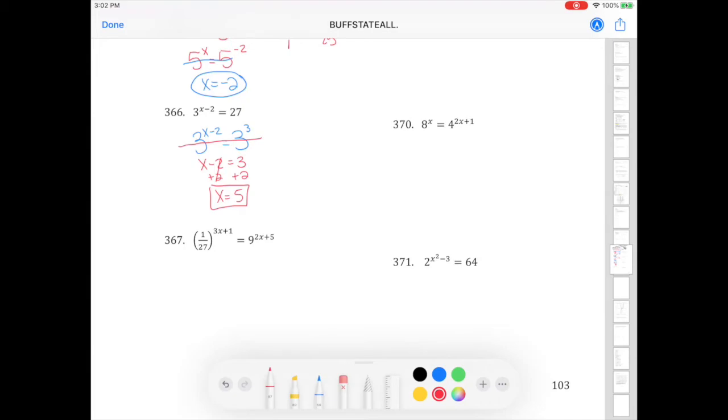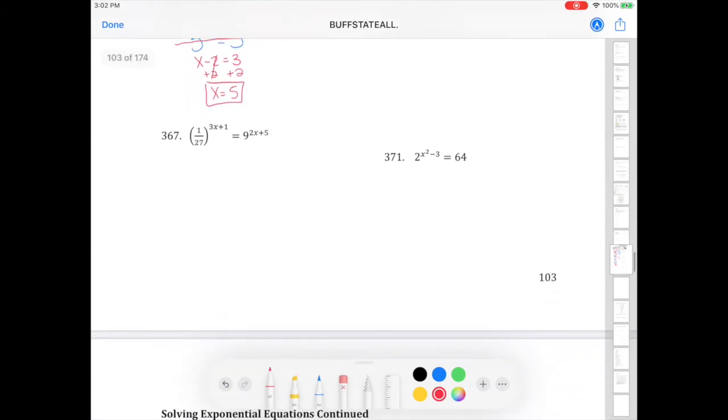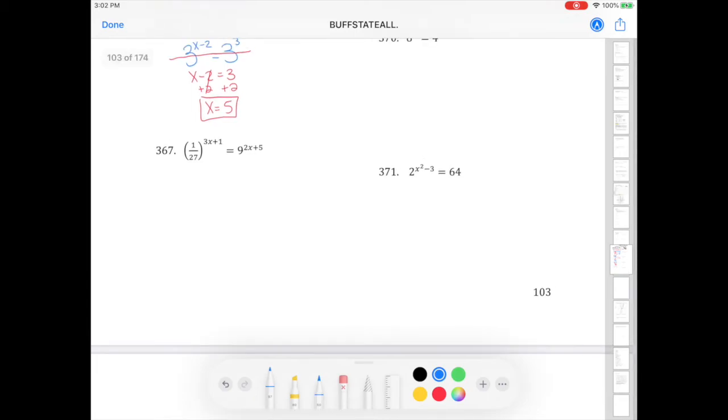Now you might be liking these so far. The last few examples that we've done were pretty typical, easy examples. We're going to get into some tougher ones now. So this bottom one right here, 1 over 27 and 9. Take a second to try and think about what base you'd want to use. For all the last examples, we really just took the smaller of the two and made that work.